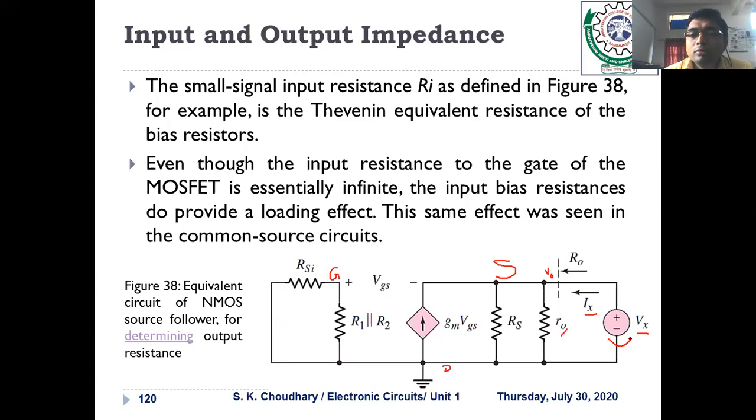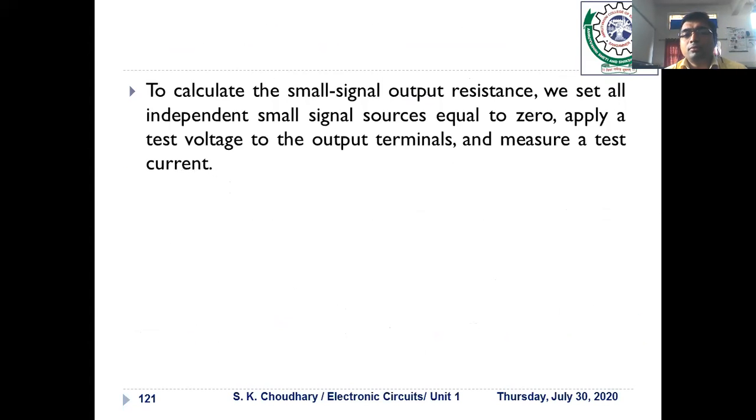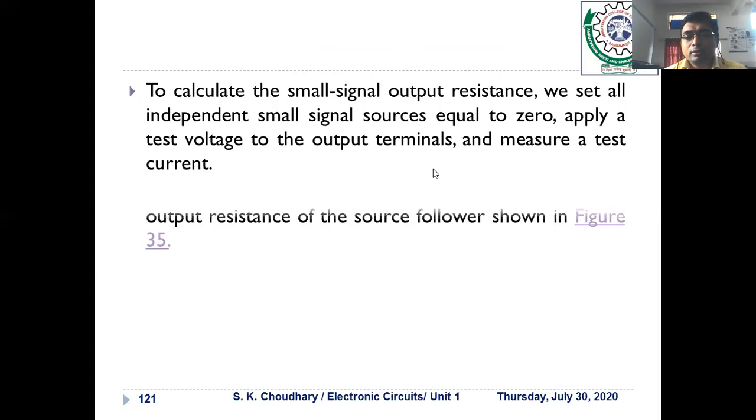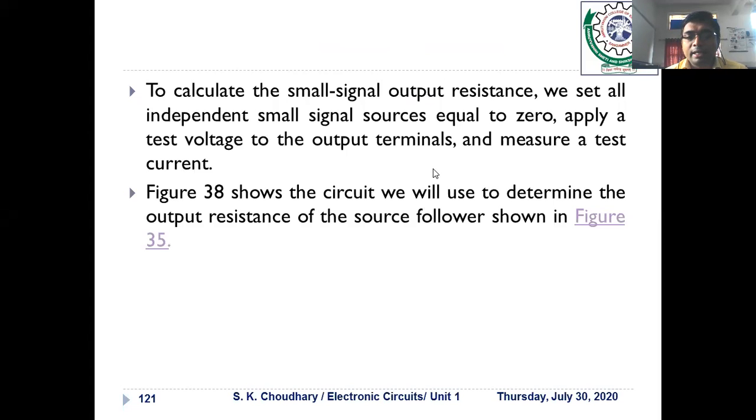Now see the description of the circuit. The independent small signal source is 0; apply a test voltage across the output terminal and measure the test current. In diagram 38, the circuit is used to determine the output resistance of the source follower.